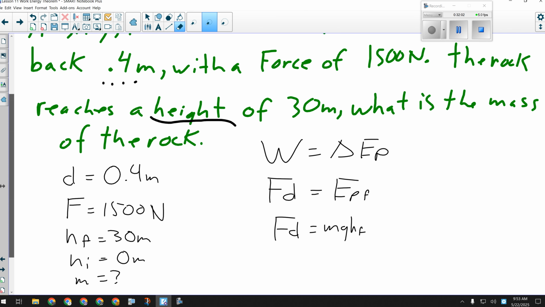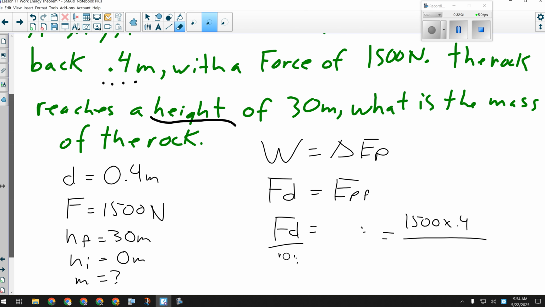All I have to do is move m and g to the other side by dividing it. Sorry, guys, getting distracted here. Let me try that again.